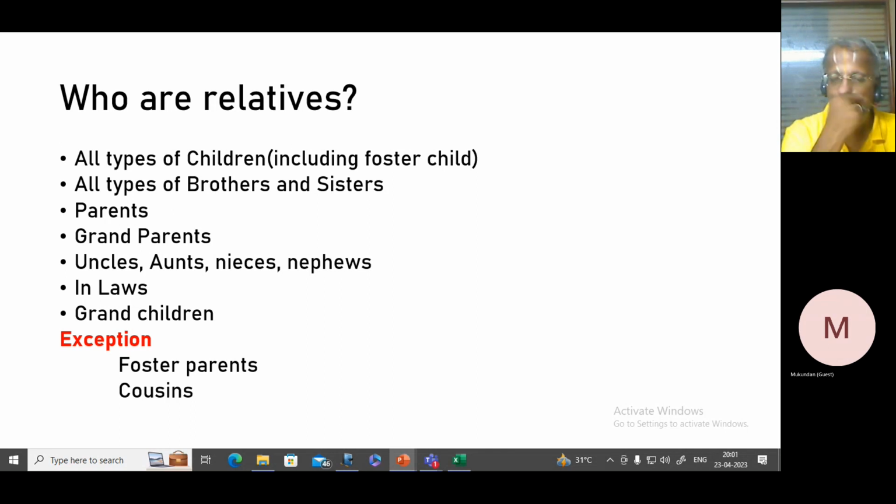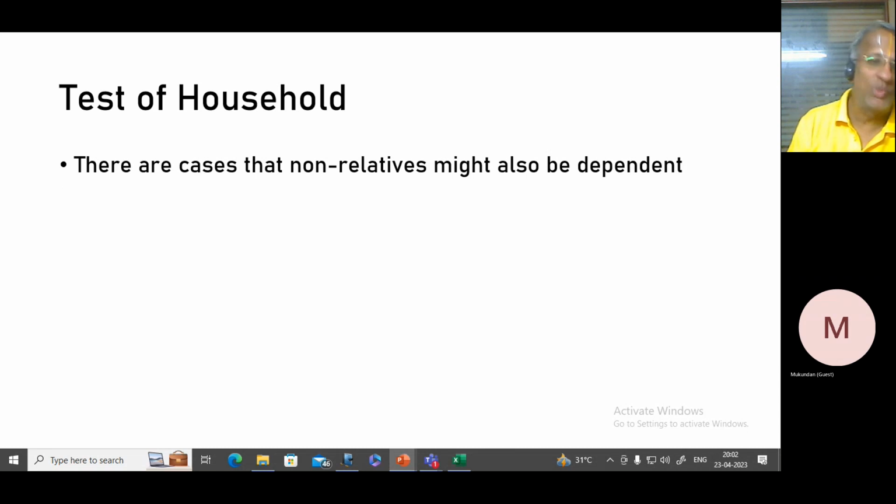Foster parents and cousins are excluded under the head called relatives. Even though they are excluded under relatives, they can still be included under dependents provided they satisfy the H condition. Are you understanding? So, the test of household. There are cases where non-relatives might also be dependents. Keep this always in your mind.